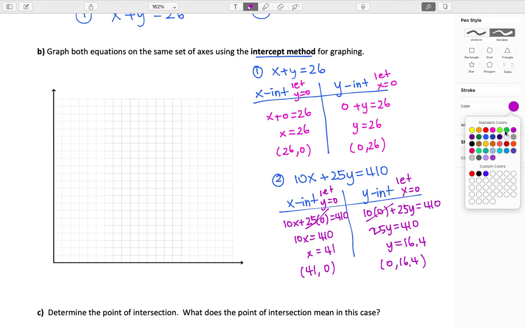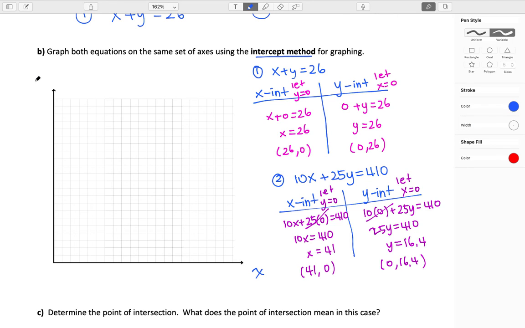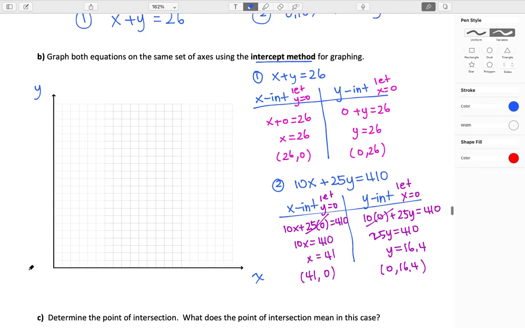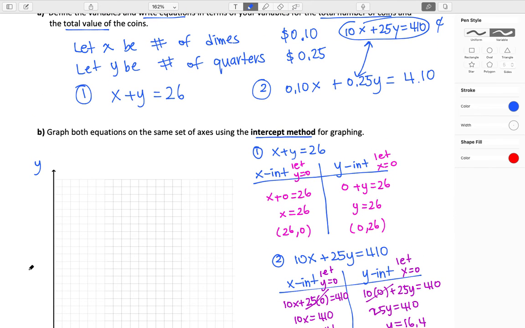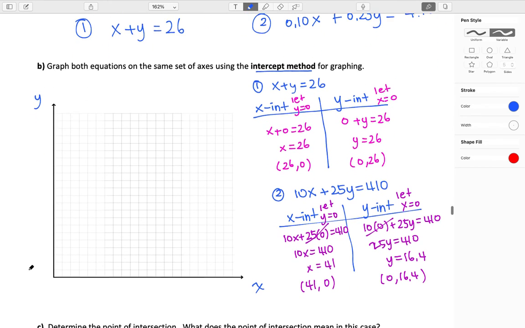Now let's graph these two, all 4 points. So this is going to be x, and this is y. So x, we said, is the number of dimes, and y is the number of quarters.